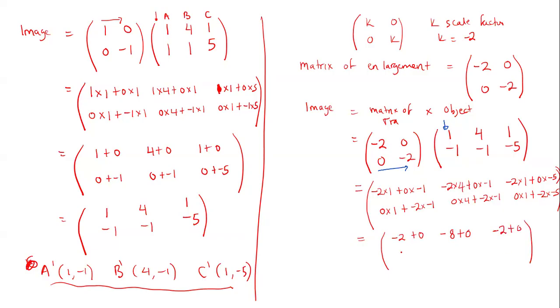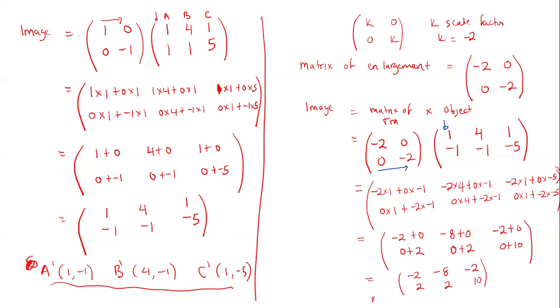Then 0 plus 2, 0 plus 2, 0 plus 10. Yeah. Negative 2, 2. Negative 8, 2. Negative 2, 10. Yeah.